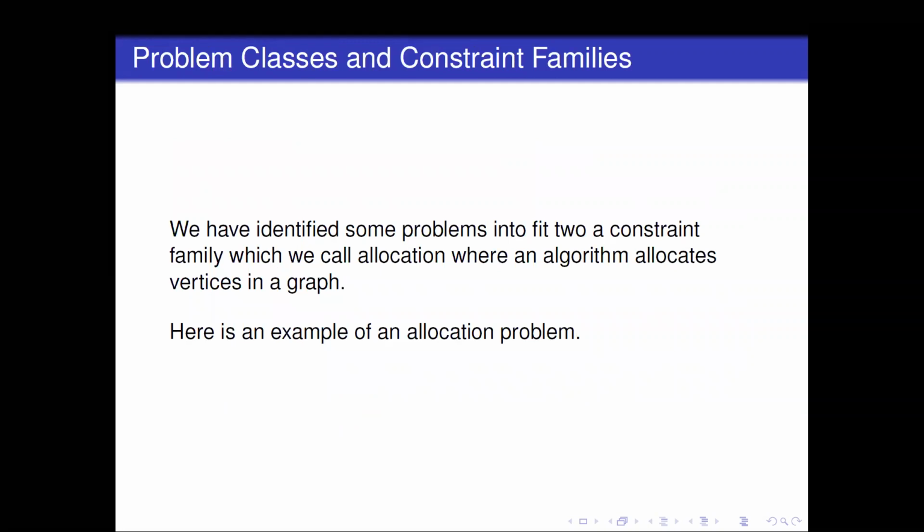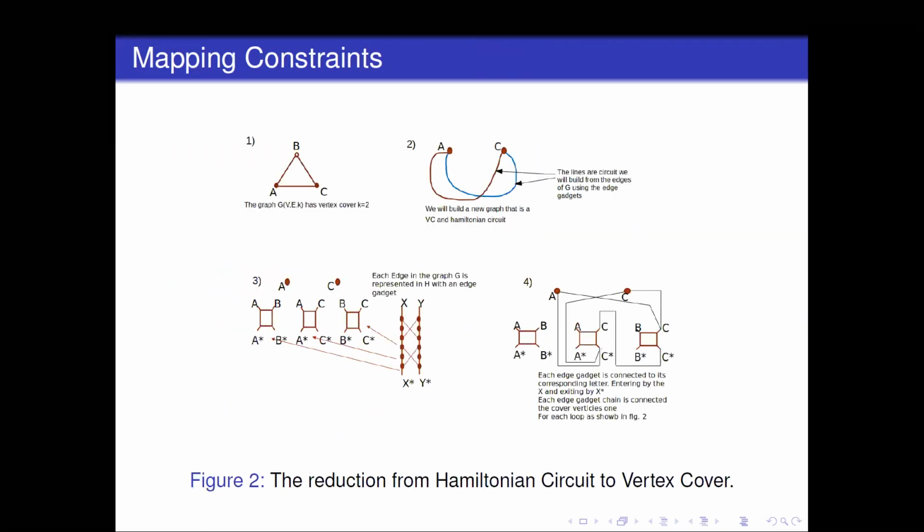So we have identified some problems that fit into a constraint family, which we will call allocation, where an algorithm works on the vertices in a graph. Here's an example of an allocation problem. Okay, so this is vertex cover. And what we're saying here is we've got this vertex here and this vertex here covering this graph.